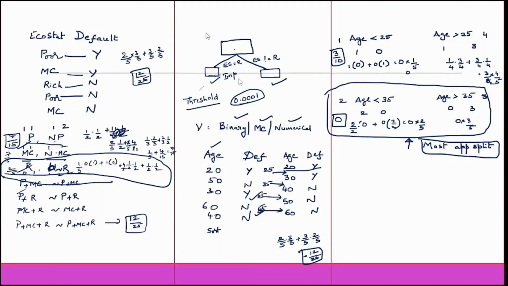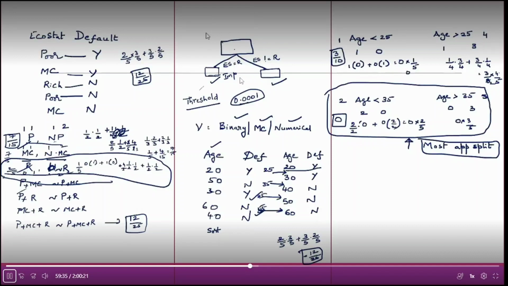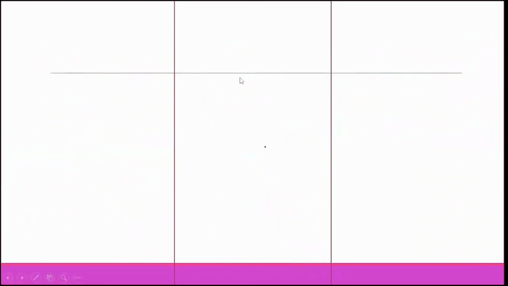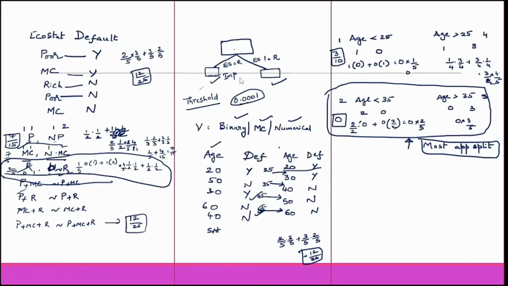Splitting based on the age. So we have ordered the data based on the age. Are we clear? Right, I'll go step by step. We have arranged the data in the ascending order of the age. Then between every 2 ages, I am taking a midpoint.